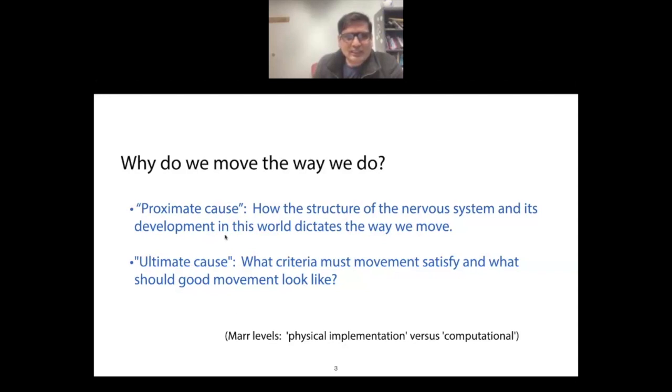This dichotomy, of course, is not a real dichotomy. There are overlaps between these two kinds of things, but it is also similar to a trichotomy, if you will, in neuroscience called Marr's levels, which have to do with the physical implementation of the behavior in the animal, the computational description, and then perhaps an algorithmic description of the solution that the animal has come up with, or evolution has come up with. Okay, so we'll mostly talk about this.